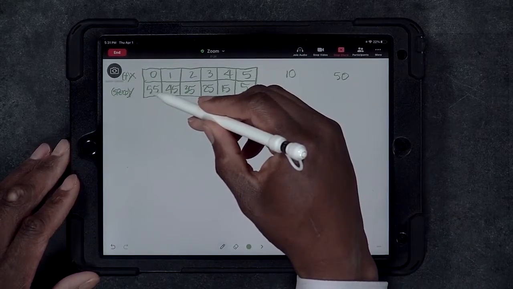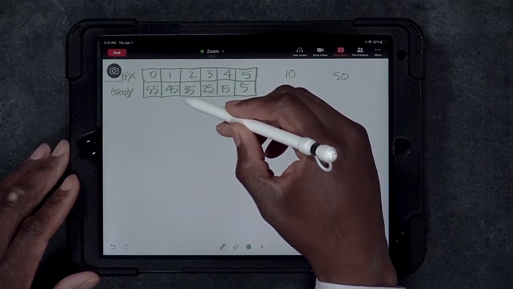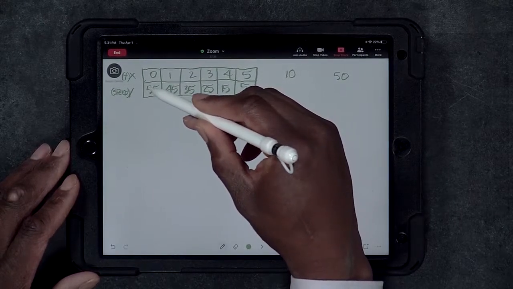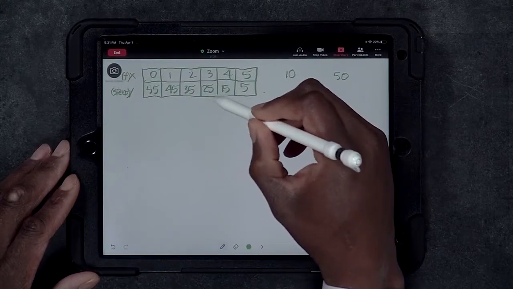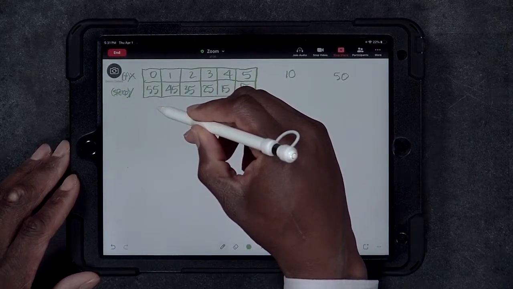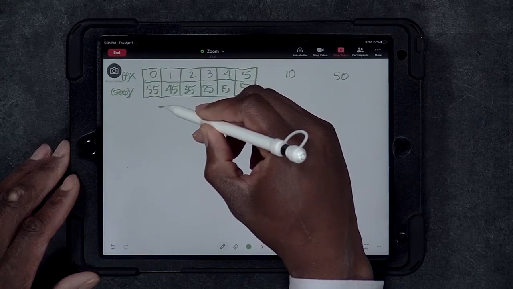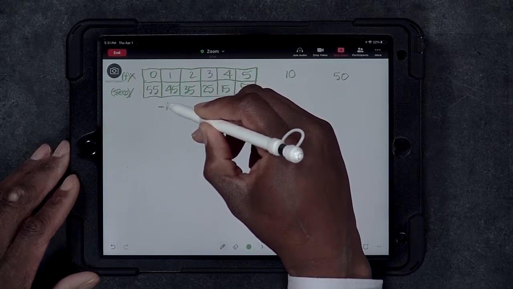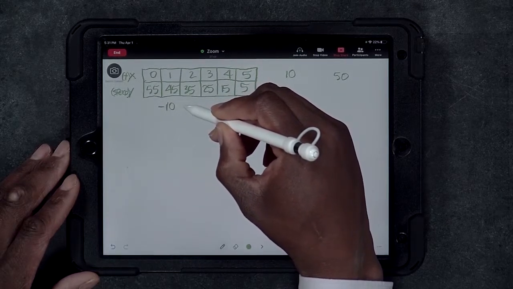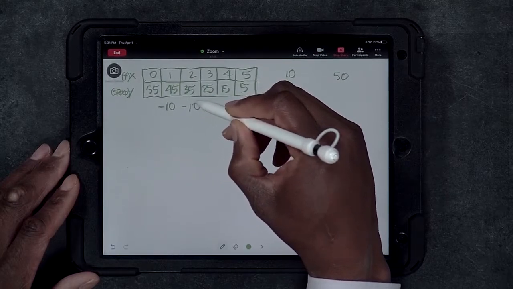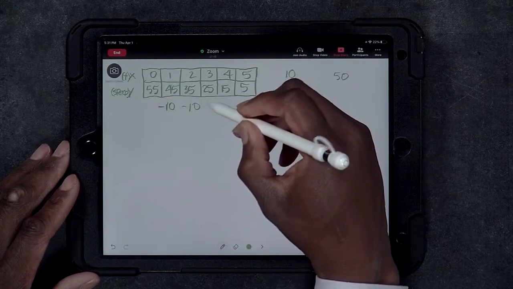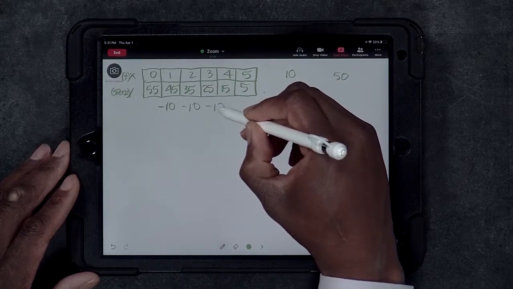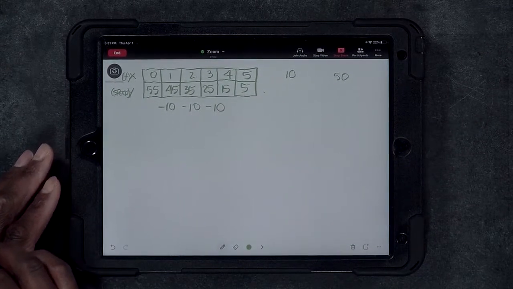The thing I'd like you to be able to see here is that the y values are decreasing by 10. So you're at some number, you decrease 10, and you continue to decrease 10 to get to the next number. You're subtracting 10 multiple times.